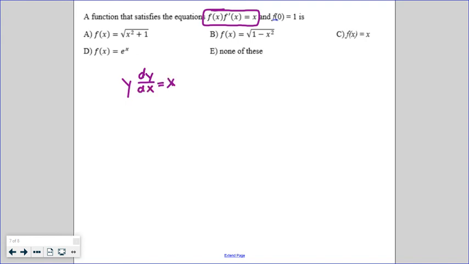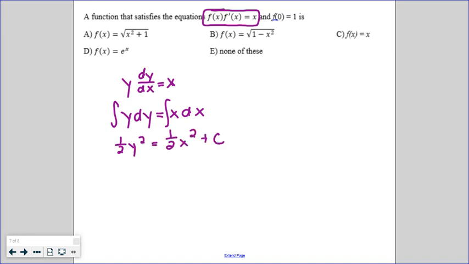And then I can see that it is a separable differential equation. Solving for y, we would integrate, which would give us 1/2 y squared equals 1/2 x squared plus c.